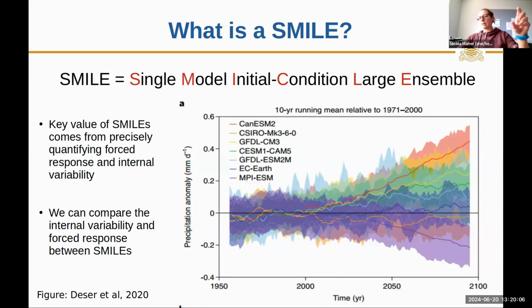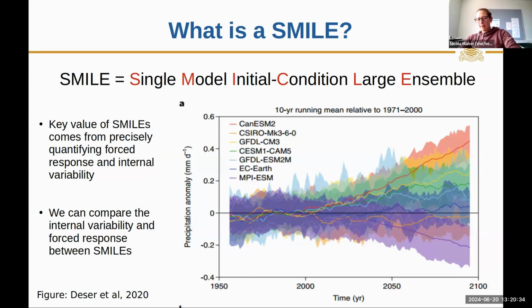And the spread around it are those ensemble members, which give us an idea of the spread due to internal climate variability. So what we think these SMILES are really useful for is being able to quantify the forced response by averaging out the internal variability, but also being able to look at the magnitude of the internal variability itself, both in present day and in potential future climates.